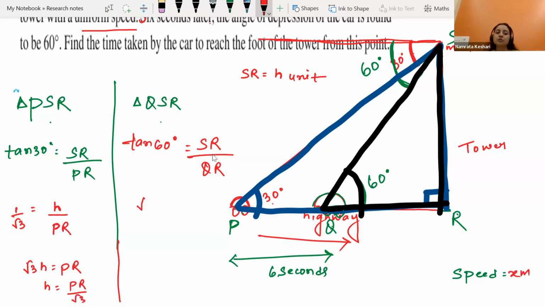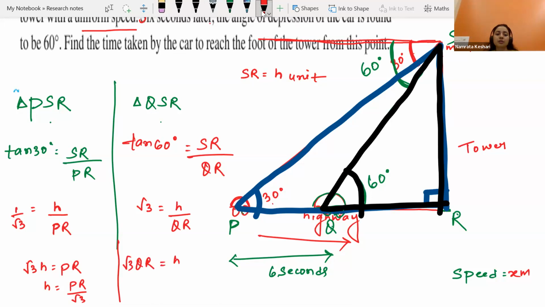From this equation, root 3 is equals to SR. Let's write it as it is over SR is H, and QR we are keeping for now as it is. QR will be H by H we need to find out.